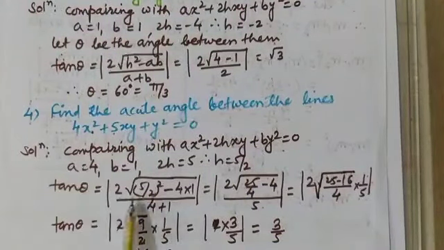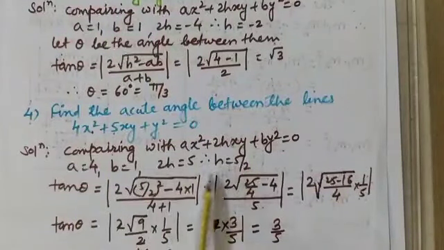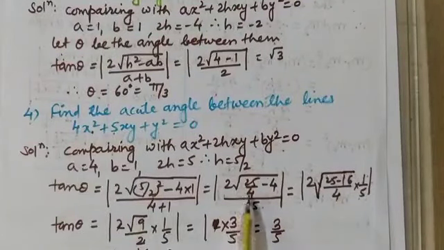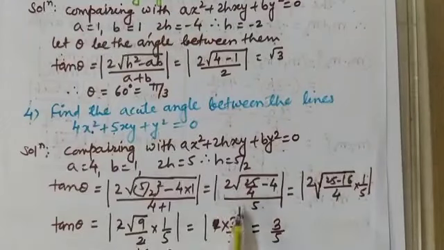So therefore put the values in the formula: tan theta is equal to 2 into root of h square, that is 5 by 2 square, minus ab, a means 4, b means 1, 4 into 1. Simplification will give you 2 into root of 25 by 4 minus 4, divided by 4 plus 1, which is 5.